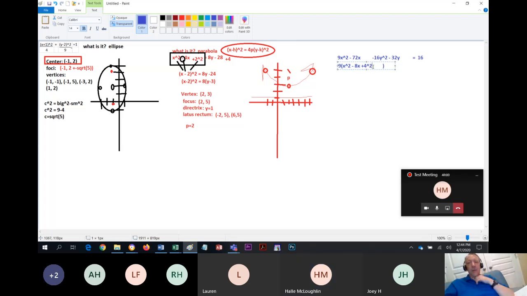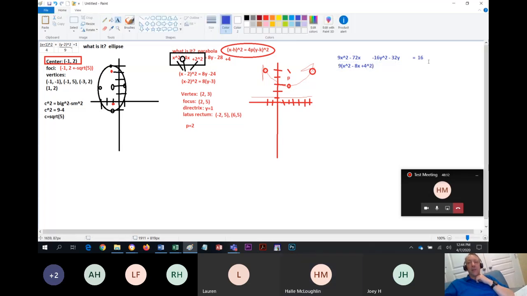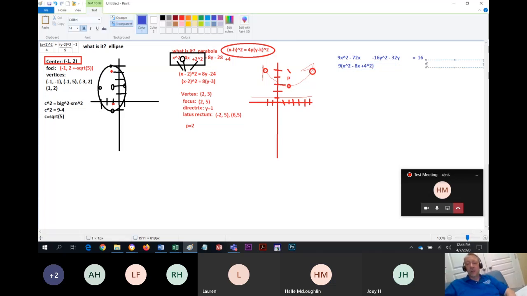But the problem is it's not just 16 because I'm multiplying that 16 by 9. So I'm really adding 144 to the left side, which means I need to add 144 to the right side as well. Does that make sense?